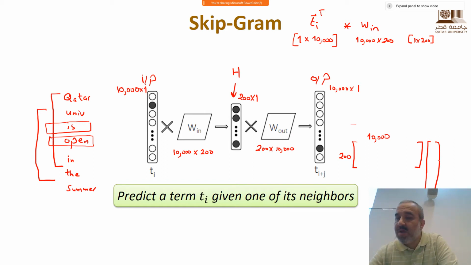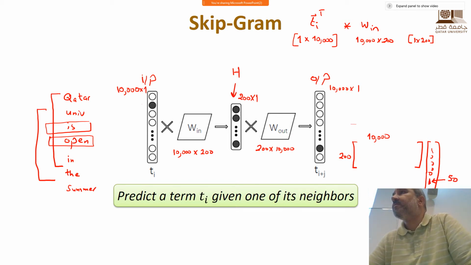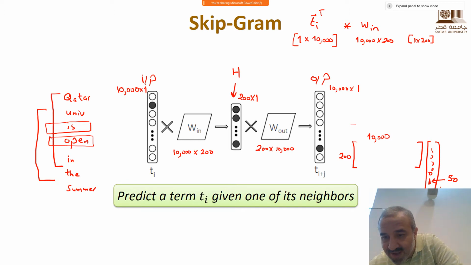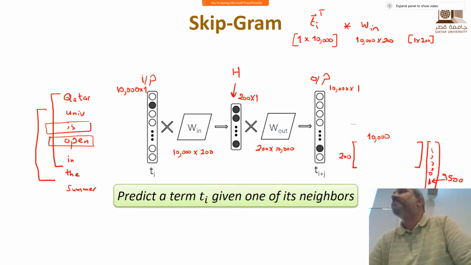This vector is one hot, which means that there is only one 1 here and the others are zeros. Let's say that this one is at dimension 9,500.